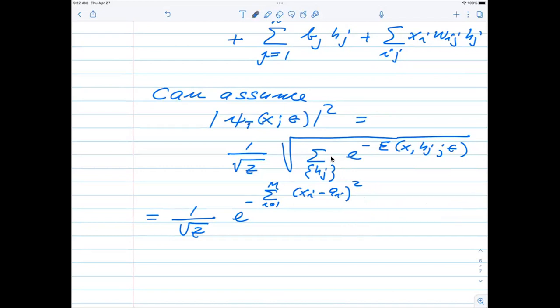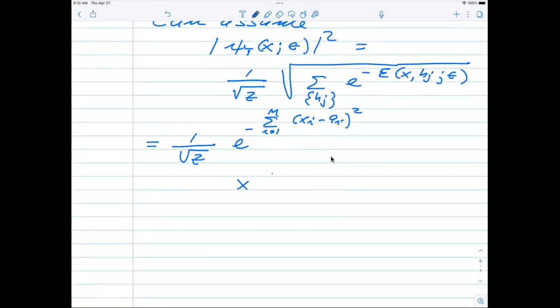So it's actually not so difficult to show this. This is multiplied then with the product of j equal to 1 up to n, and then we have the square root of 1 plus e to the bj plus the sum over i equal 1 up to n of xi times wij. I've not taken a derivative, I've been summing over h, and h takes the value either 0 or 1.